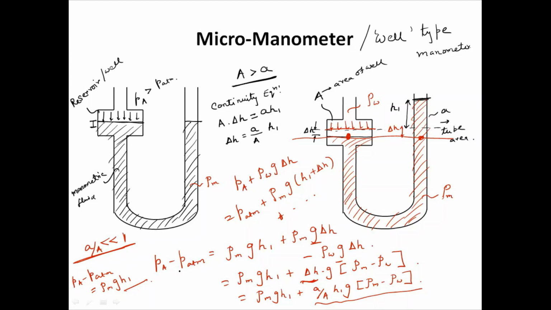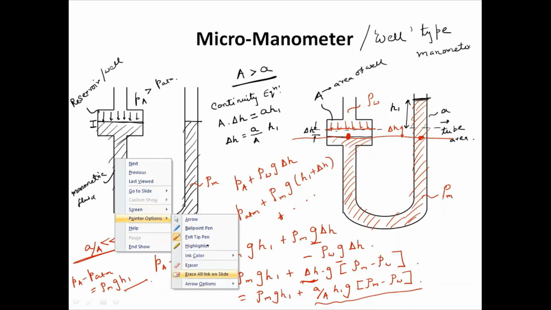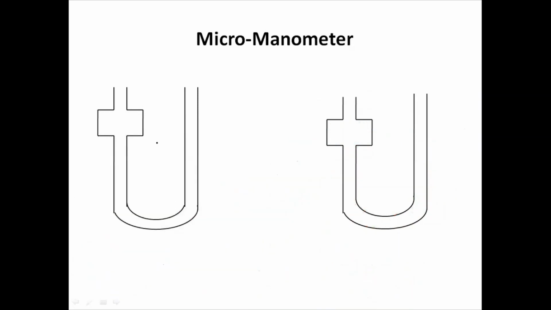Because very small pressure differences can be measured by a micro-manometer. Apart from this, all calculation is easy here. But what is the use of it? Small pressure differences can be measured.